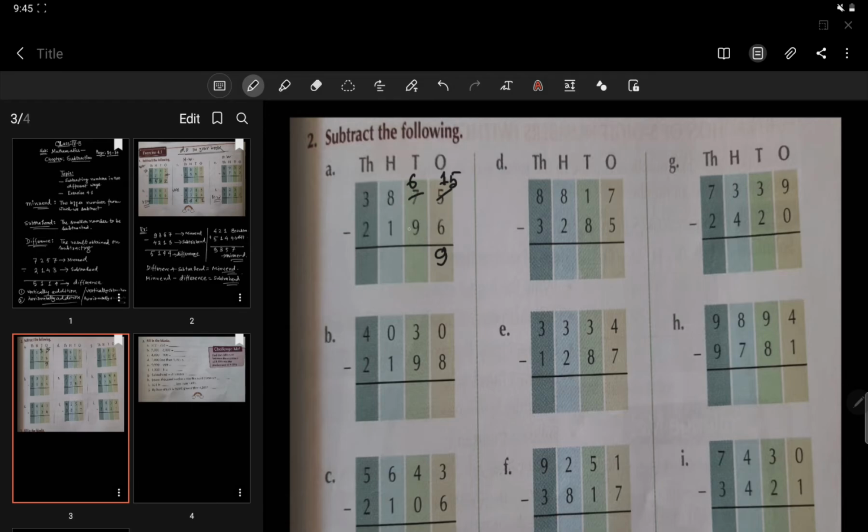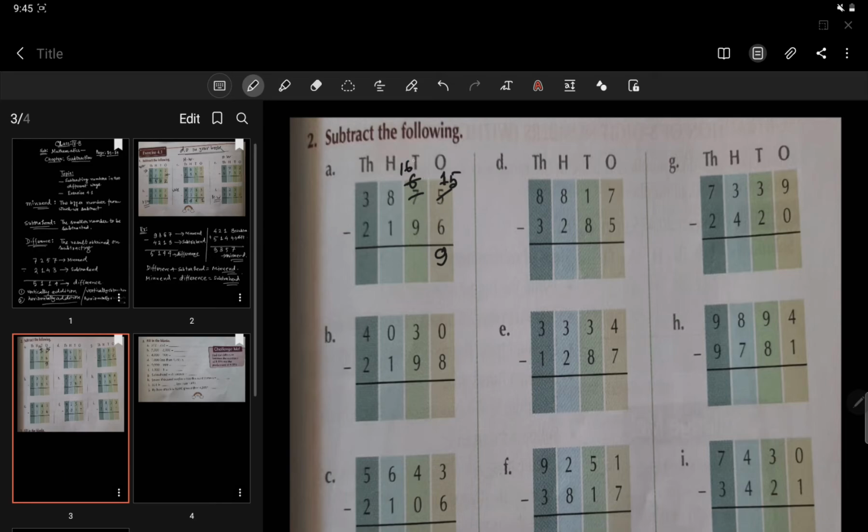In the tens place, the subtrahend is bigger than the minuend, so again we have to borrow 100, so it will be 16. Clear?